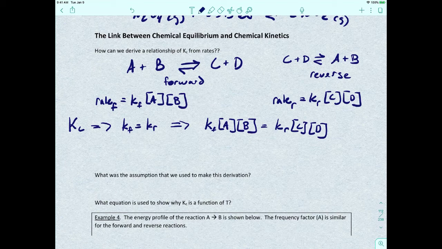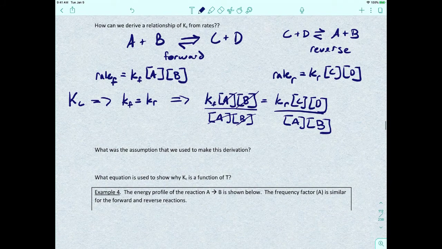So I'm going to divide the left-hand side by the concentration of A times the concentration of B. By doing that, we get Kf is equal to Kr times the concentration of C times the concentration of D divided by the concentration of A times the concentration of B.